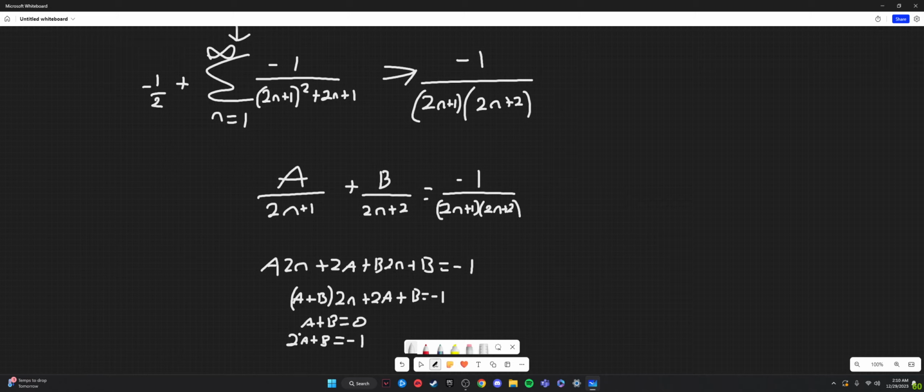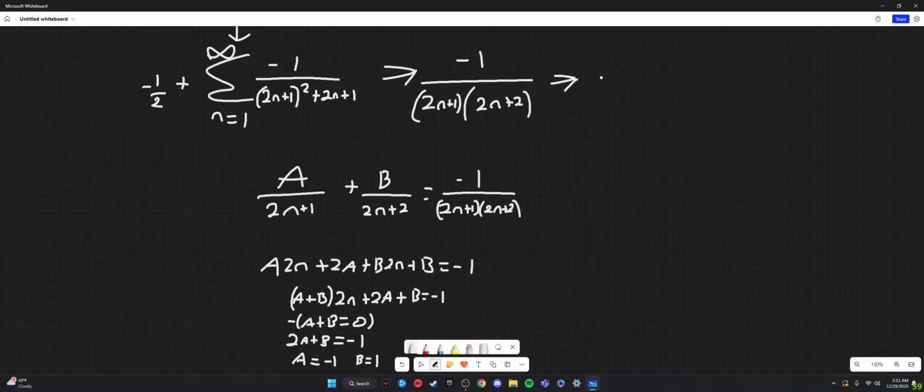From here, this is a really basic system. I'm going to multiply the top by negative 1. This will cancel out the B's. We get A equals negative 1, which means B must equal 1. That's good. We got our partial fractions done for at least half of this sum.